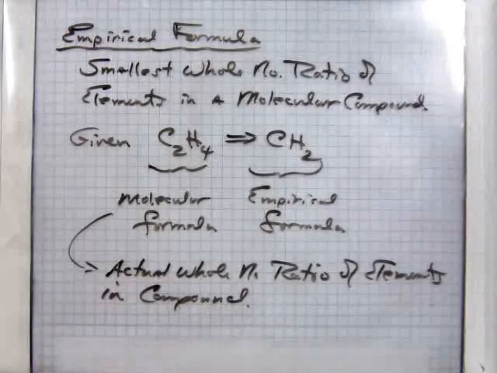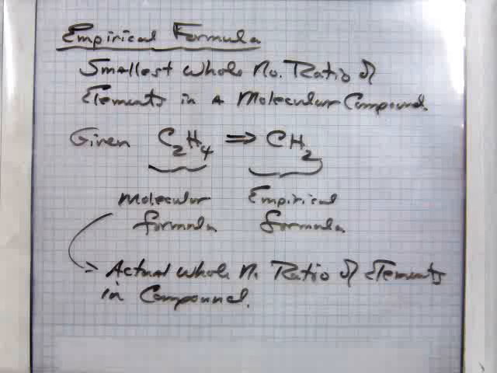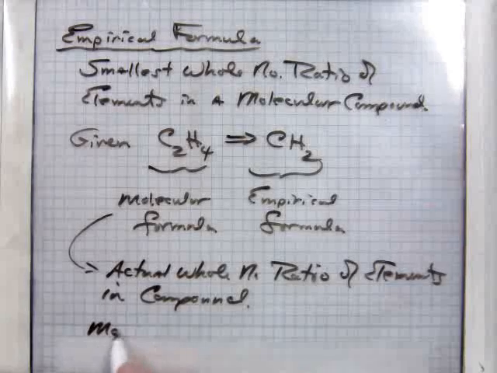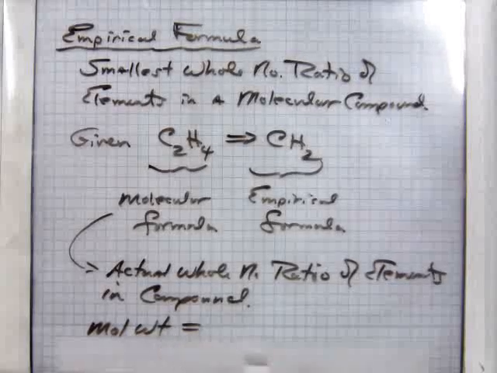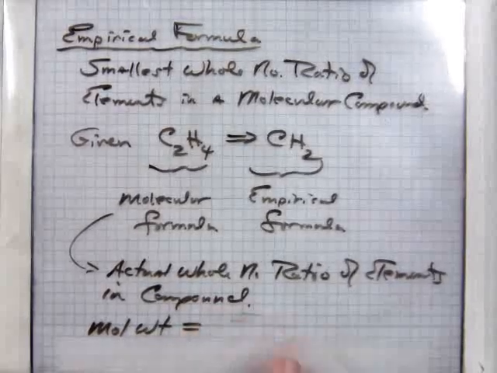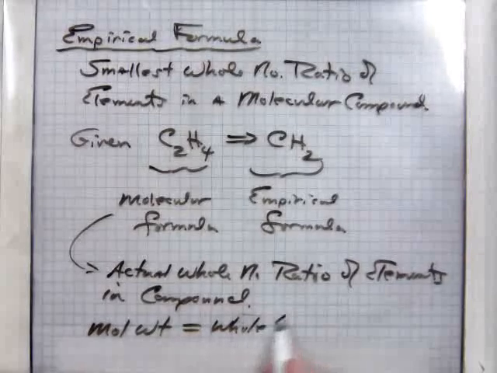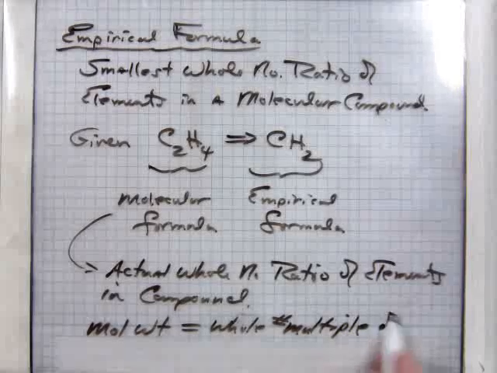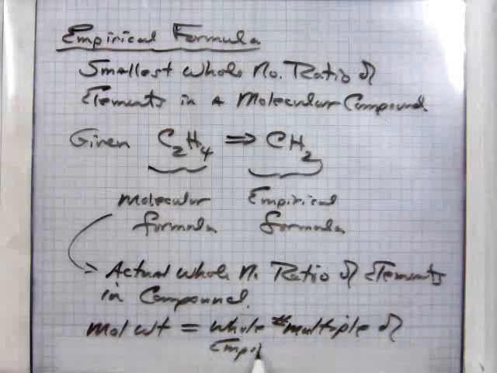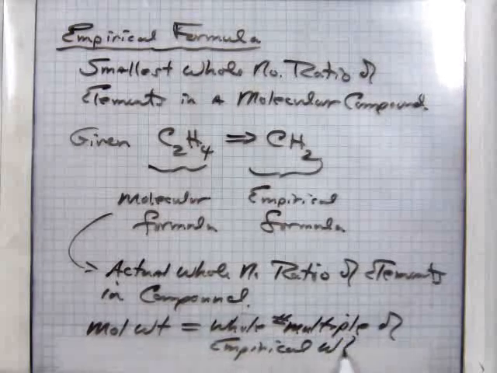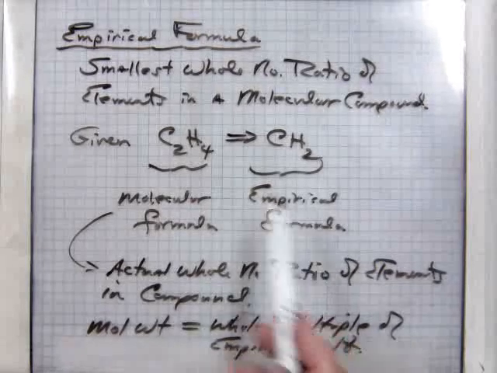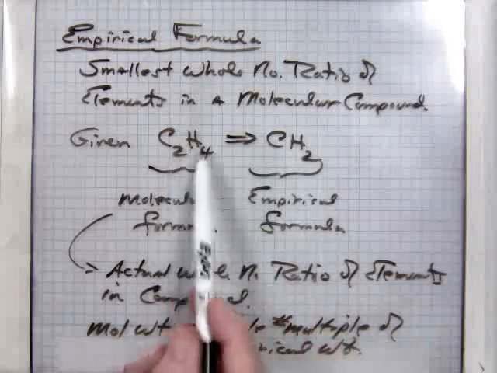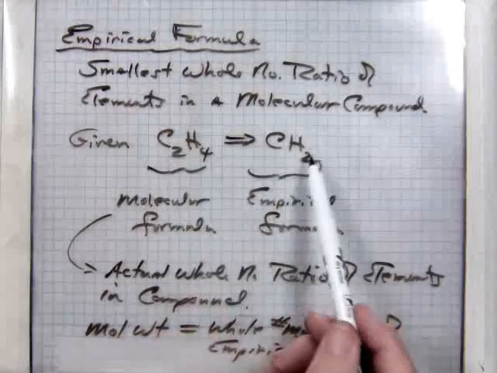Now there's a relationship between the molecular weight and the empirical weight, and that's the molecular weight is always equal to a whole number multiple of the empirical weight. When you look at this CH2 against the C2H4, you can easily see this.